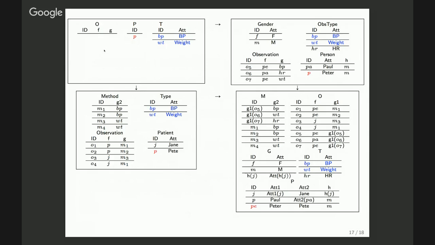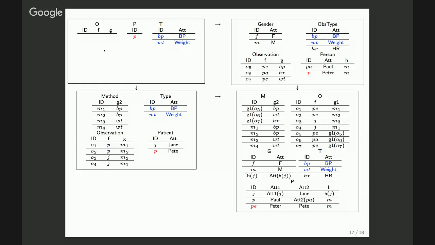And then finally, the overlap instance, the table T, has 2 terms, words, phrases, blood pressure and weight, in common between the 2 input instances. So those are in blue. And you see that those entries, BP and weight, occur in the upper right and the lower left.